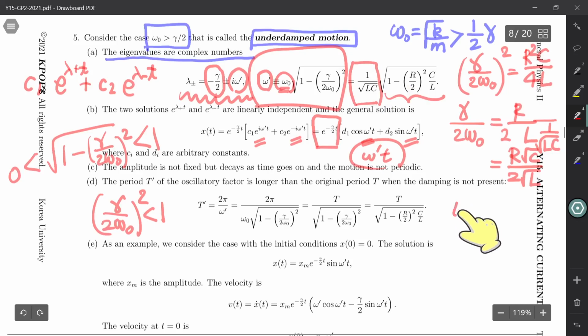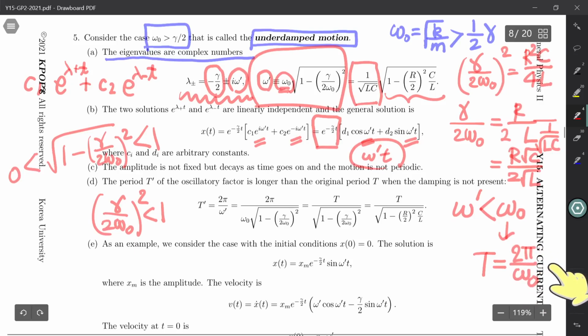Therefore, omega prime is less than omega 0. The period T for the simple harmonic oscillator is like that.